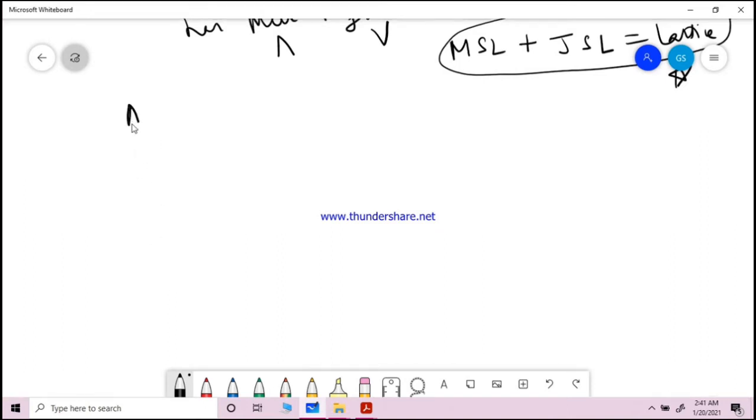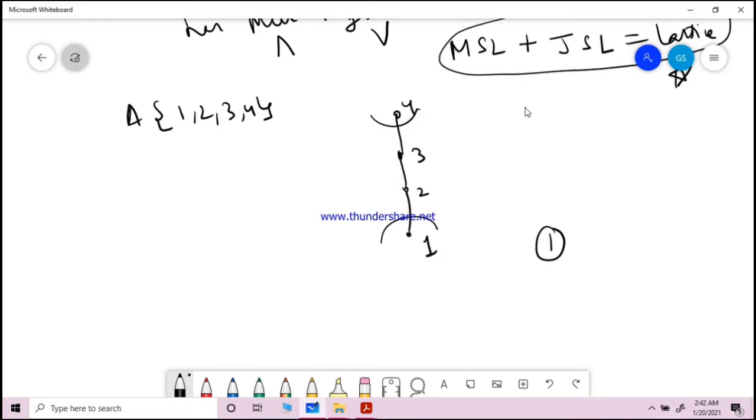Suppose this is the diagram. We have already studied the Hasse diagram, and this is how you draw it. 1, and this is 2, this is 3, this is 4. In this case, meet is 1 and join is 4.